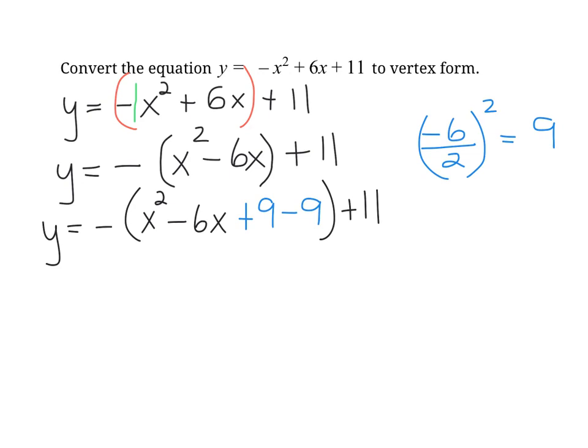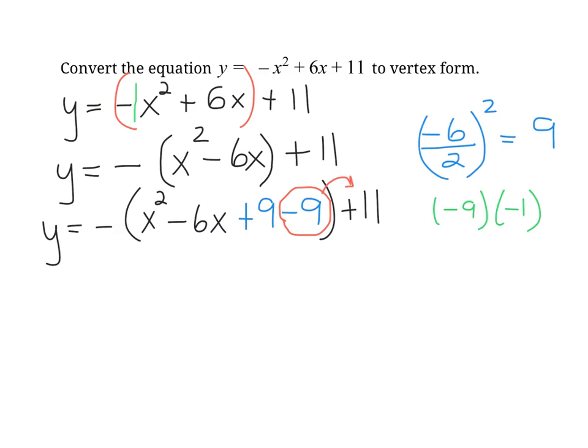Our next step is to take the number that we are subtracting, so for us that's this -9, and we're going to pull it out of the bracket. Now remember, when you pull this term out of the bracket, you need to multiply it by the common factor that's at the front of your equation. So for us, that is a -9 multiplied by a -1, because that was our common factor that we pulled out.